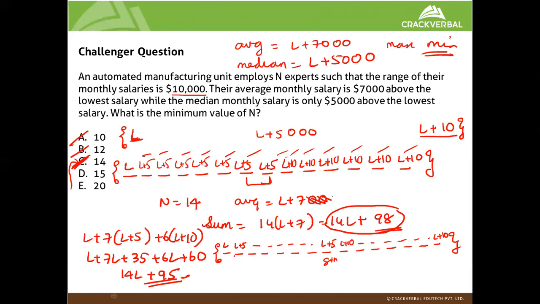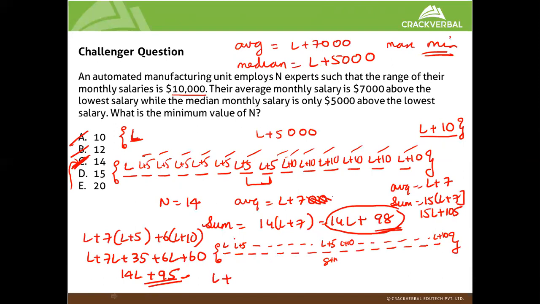And here, since the average is L plus 7, and we're going to have 15 elements, the sum is going to be 15 into L plus 7, which is 15L plus 105. So let's check if this gives us 15L plus 105.